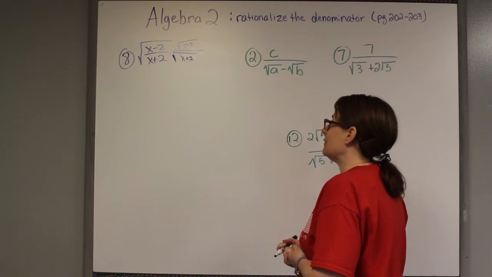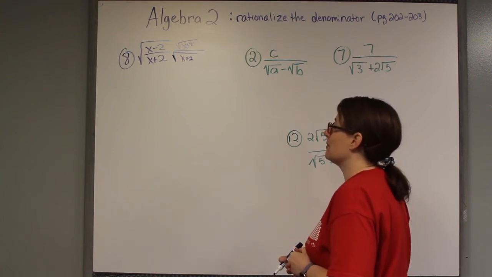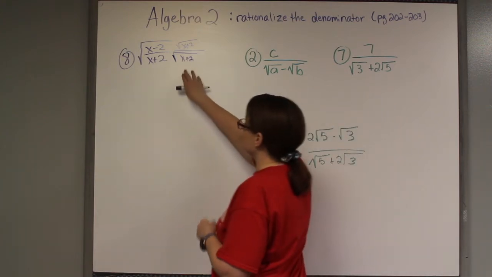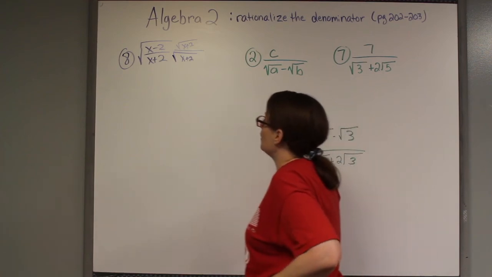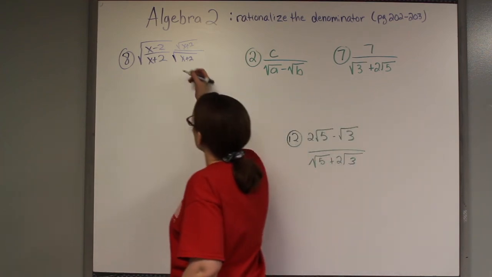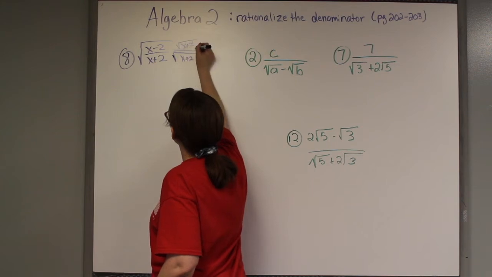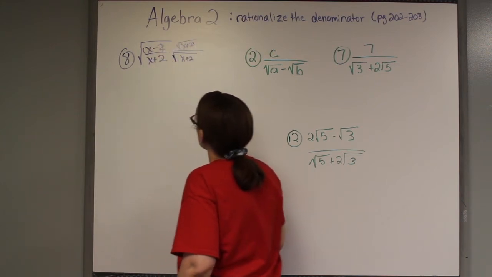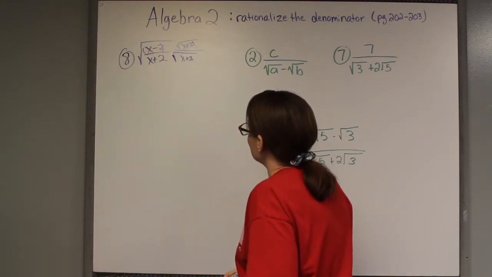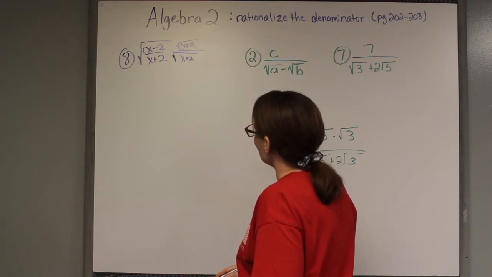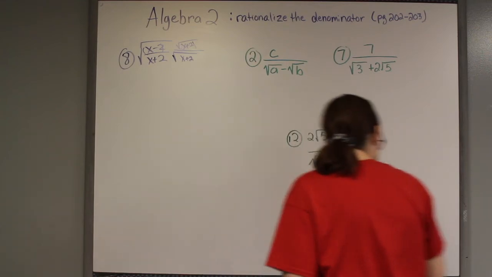When you do that, you should FOIL them, because that's a binomial and that's a binomial. So on the top there, if we FOIL these like this, we should have, I think that's right.